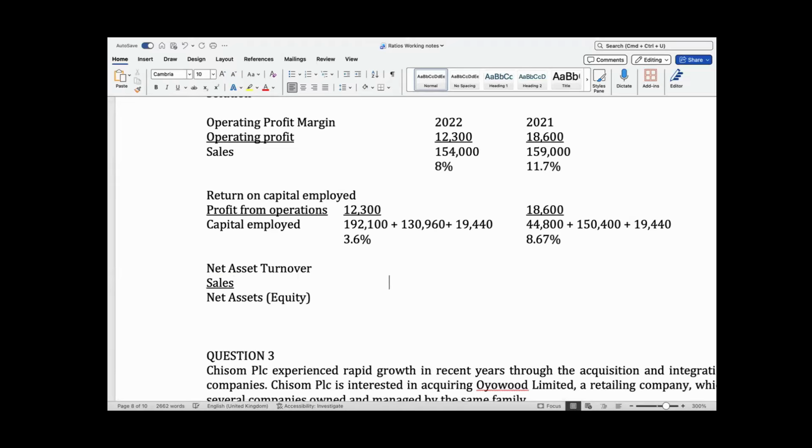Your sales is 154,000. Your equity, as we picked up there, is 192. That's your net asset. Here, the sales is 159,000. Your equity is 154,800.